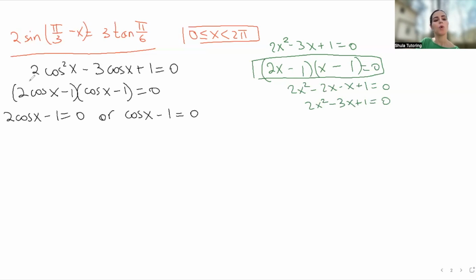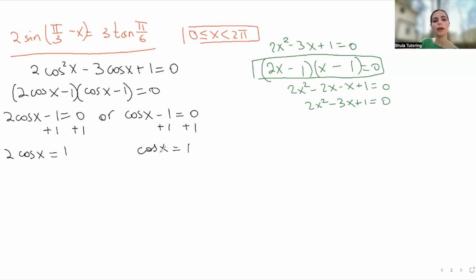Because one of those parentheses has to equal 0 in order for the whole expression to equal 0, because anything multiplied by 0 is 0. So here we just add 1 to both sides, and also here we add 1 to both sides. So we get 2 cosine x is equal to 1. Here we get cosine x is equal to 1.